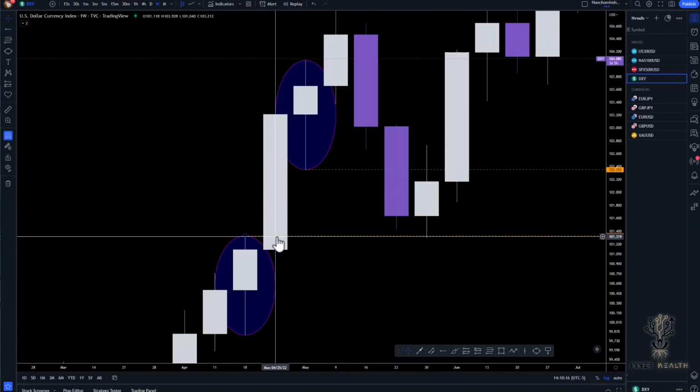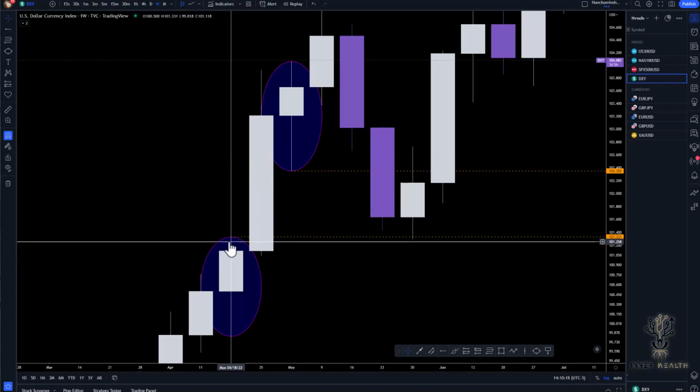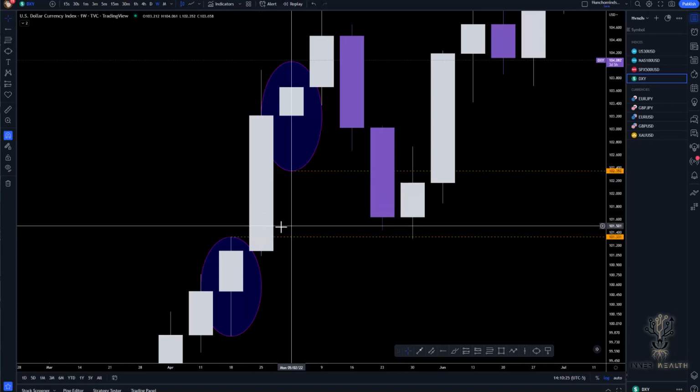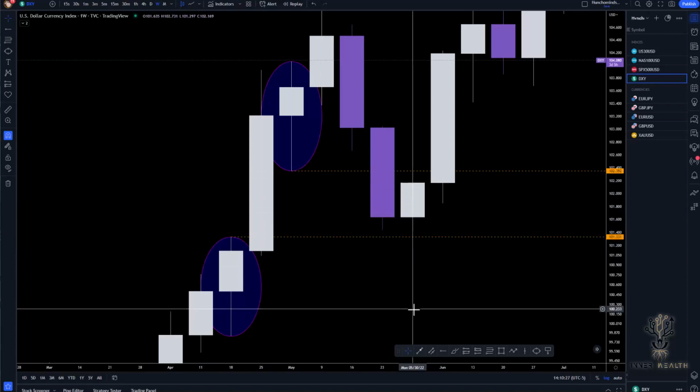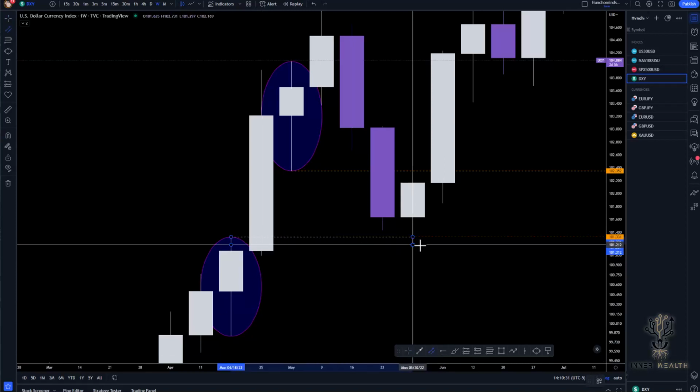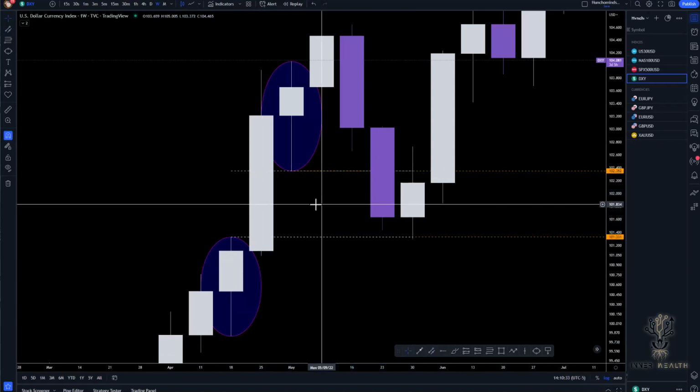Okay, so you can see here, the high of the first candle and the low of the third candle, between those 2 points is what we call our bullish imbalance. Okay, just like in bearish price action and vice versa, there was an overaccumulation of buying orders, right?